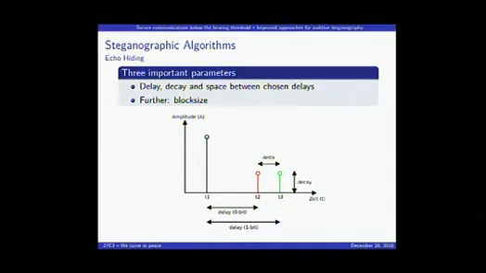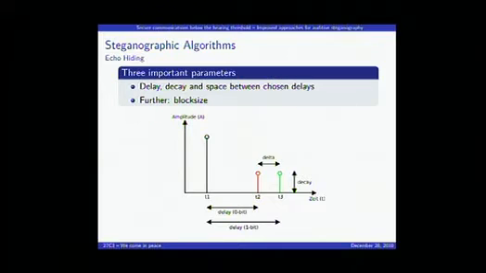Okay, so echo hiding, I think it's pretty obvious how it embeds data. It has three important parameters. There's the delay. You define two delays, one if you want to embed a 0-bit and one if you want to embed a 1-bit. And of course, they need some spacing between them, because otherwise the receiver cannot distinguish between those two.